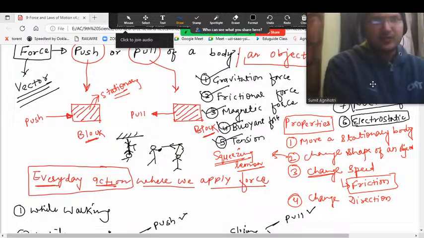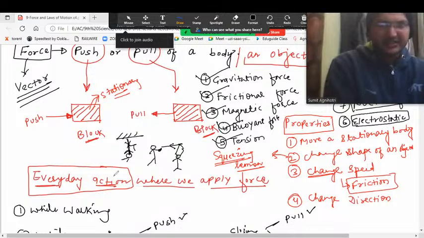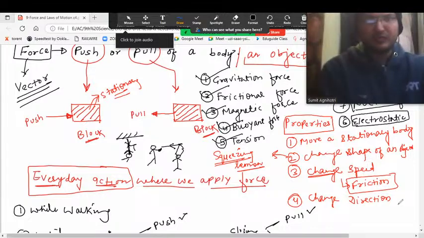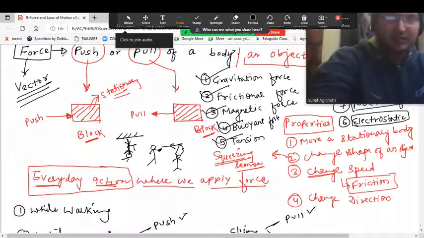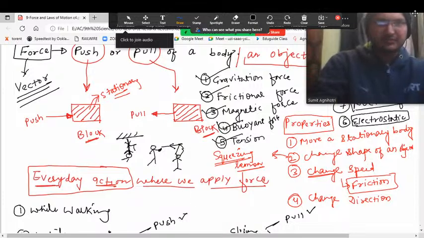Okay, then we have this topic, that is everyday action, where we apply force. You can just go through this, and it's so easy to understand where do we use these forces in our everyday life. Where do we use these forces? Can you tell me?